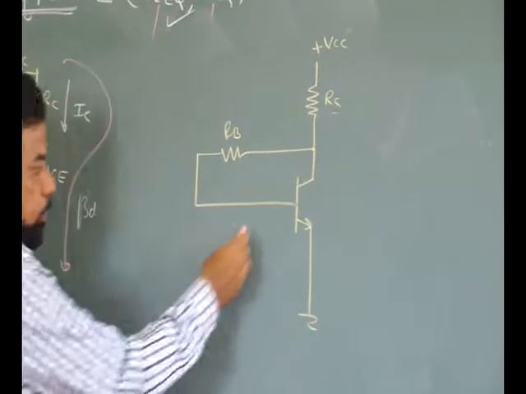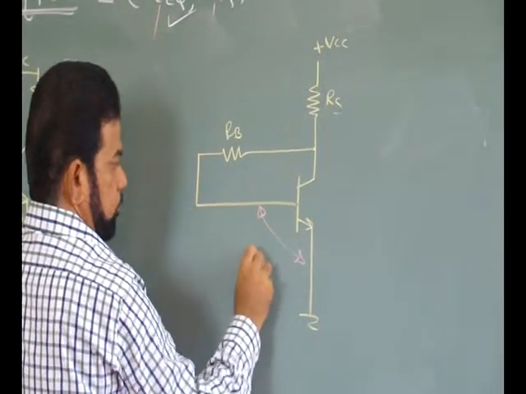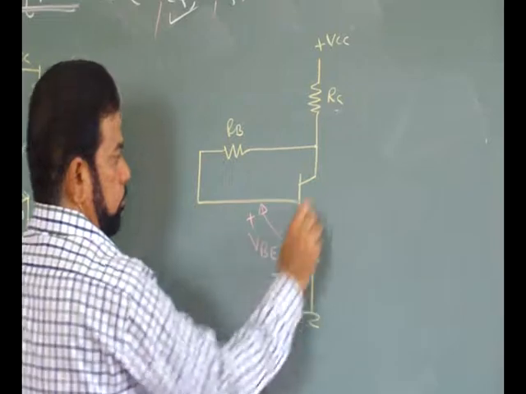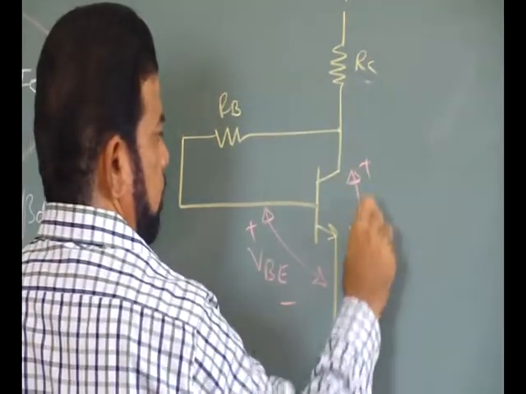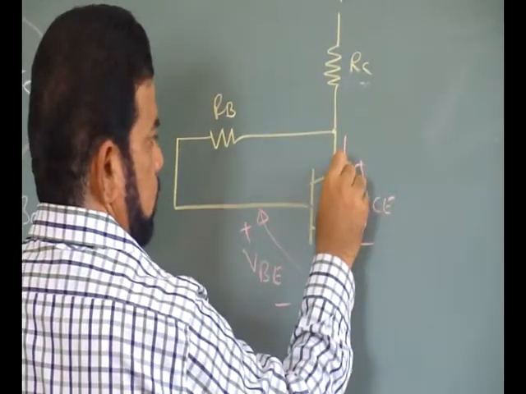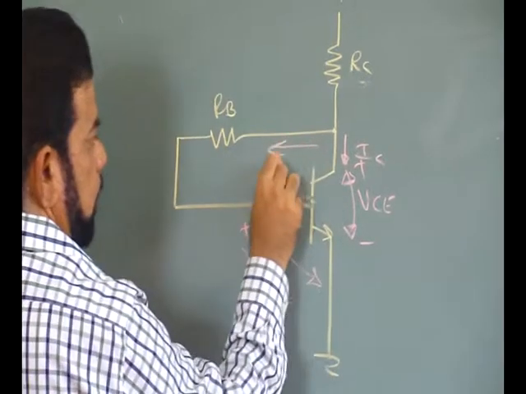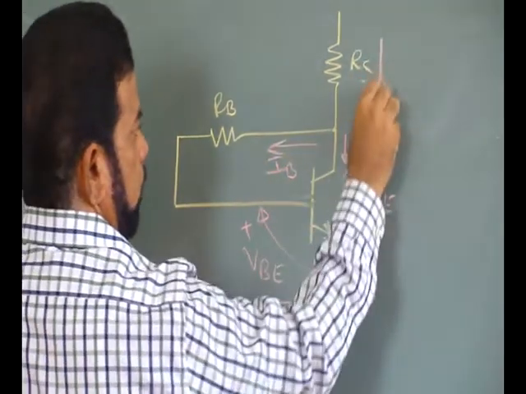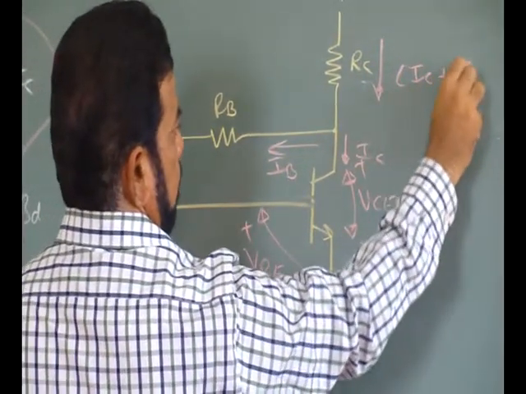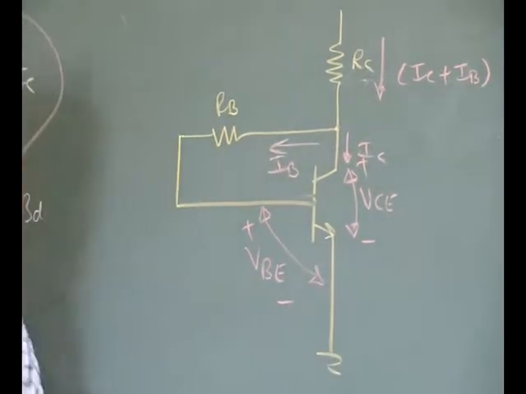Okay, so this is your VB now. This is VC. So this is IC. This is IB. And here we will play IC.